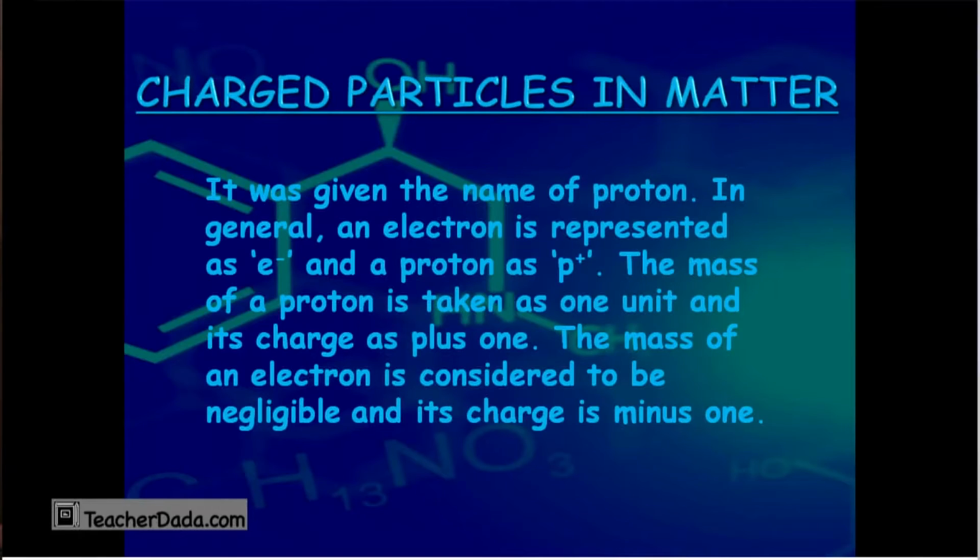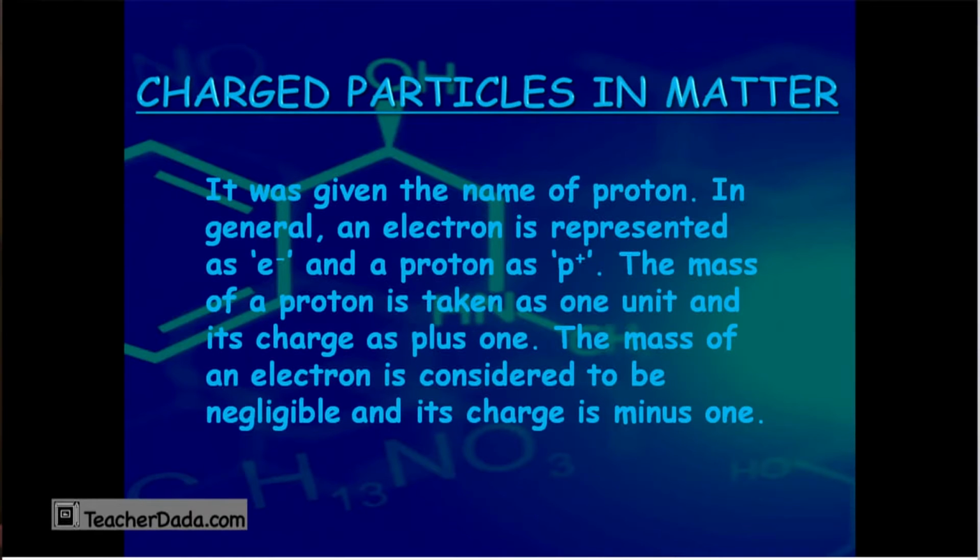Proton, that is the positively charged particle, its mass was approximately 2000 times that of the electron. It was heavier than the electron actually. It was given the name proton. In general, an electron is represented as small e, and a proton is shown as small p.